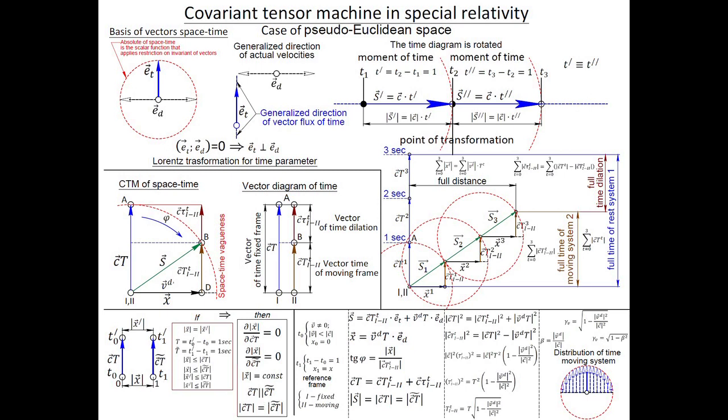And one more condition in CTM theory: the actual distance modulus x is less than or equal to CT or CT wave, and the time of one step of the machine is 1 second.